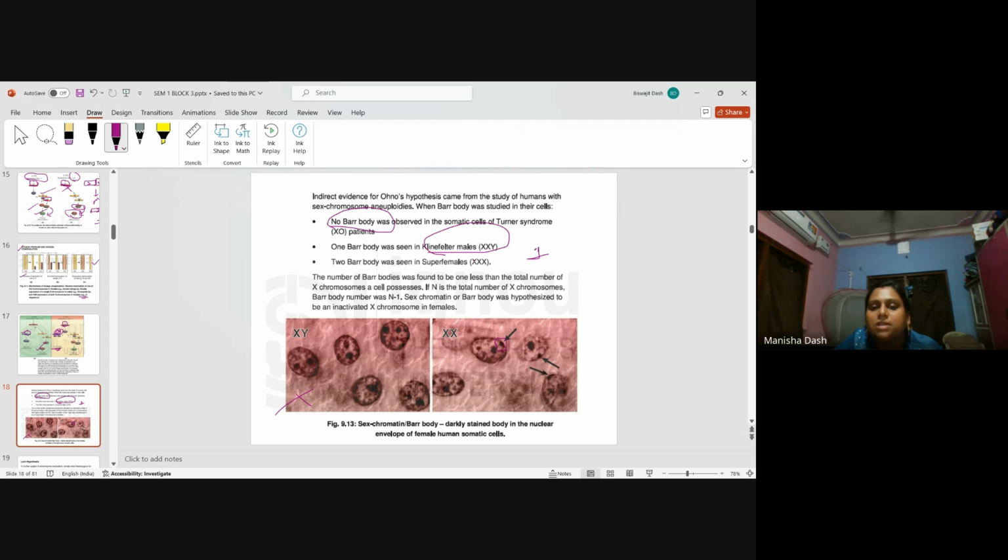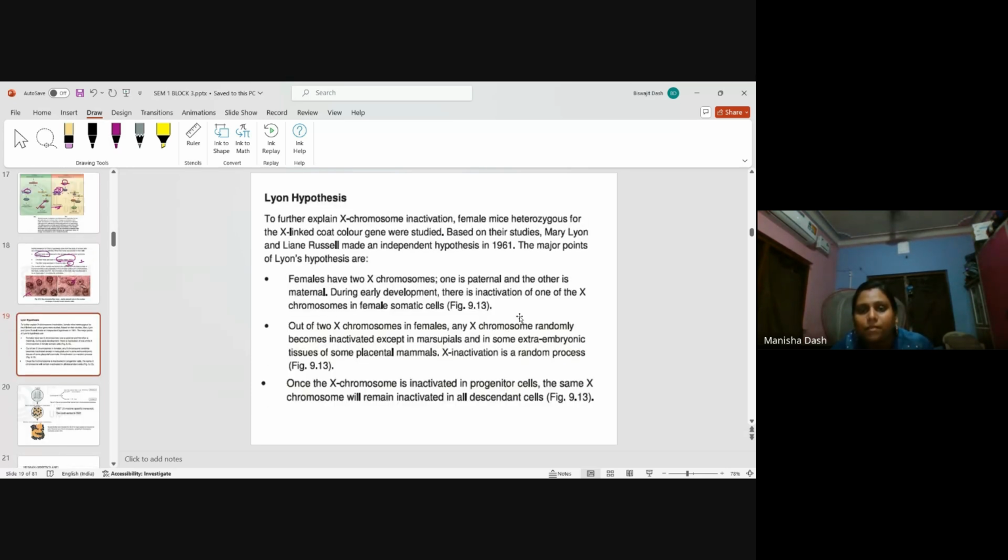But if there is a genetic abnormality like Klinefelter syndrome, the male can also have a single bar body. And if a female is born with a genetic abnormality like more than two X chromosomes, then you can have more than two bar bodies in human females.